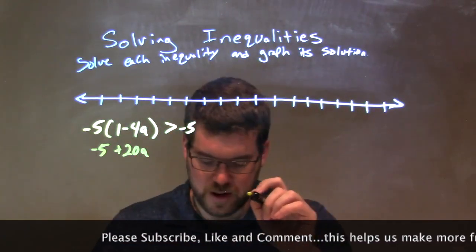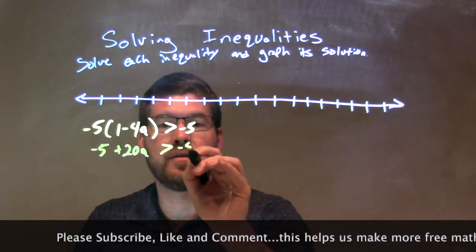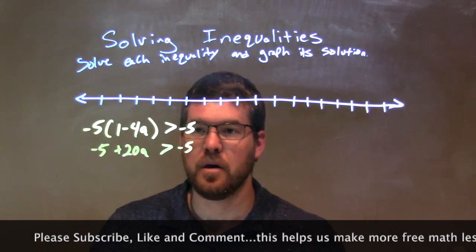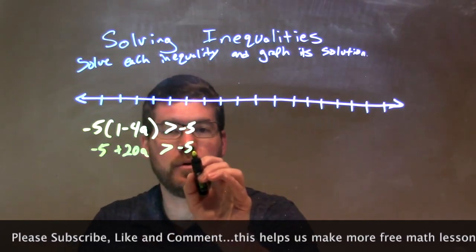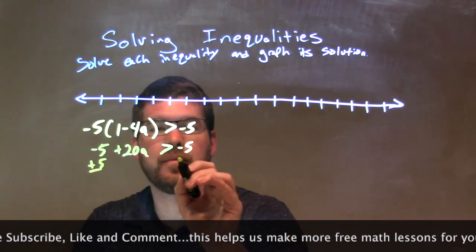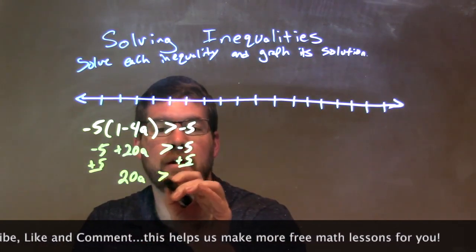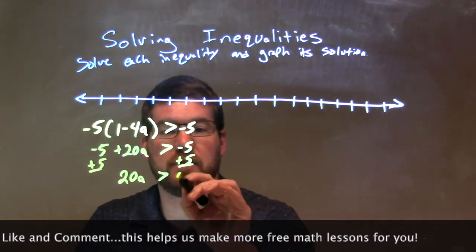Then from there, that's greater than a negative 5. So I want to add a 5 to both sides to get 20a by itself. I add a 5 here, add a 5, and I have a positive 20a is greater than negative 5 plus 5 is 0.